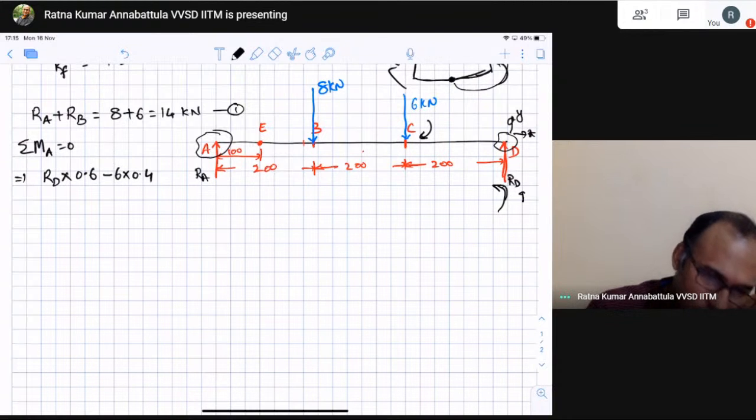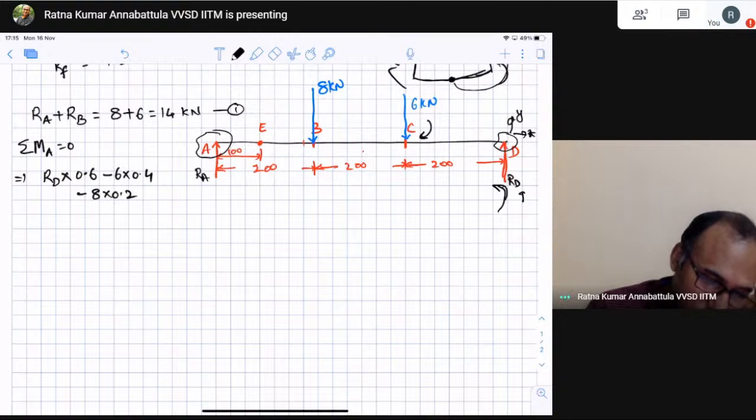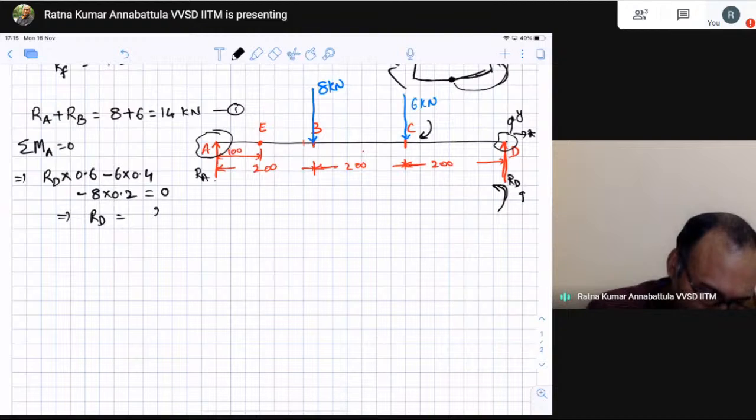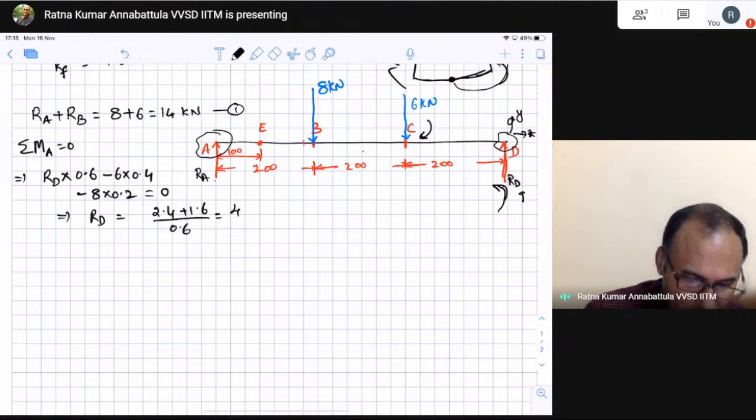So they have opposite signs. That's why minus 6 into 0.4 and minus 8 into 0.2. The moment due to the reaction force at A will be 0 because the moment arm is 0. So this must be equal to 0. That implies RD is equal to (6 times 0.4, that is 2.4, plus 1.6) by 0.6. That is basically 4 by 0.6, which is 6.67 kilonewtons.